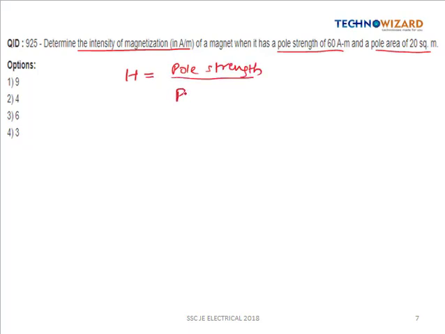Already in the question pole strength is given, which is 60 ampere meter, and area is 20 meter square. After simplification we will get 3 ampere per meter. So option D is the right answer.